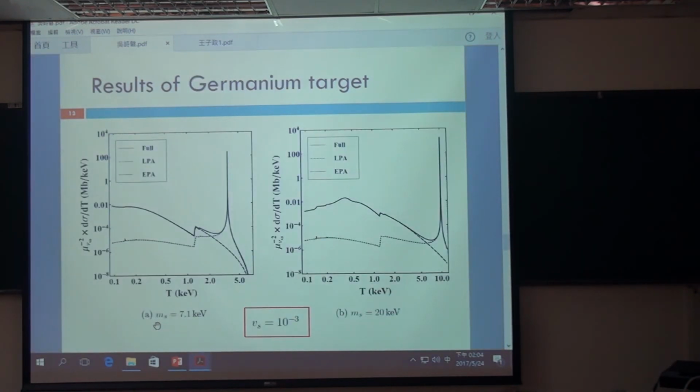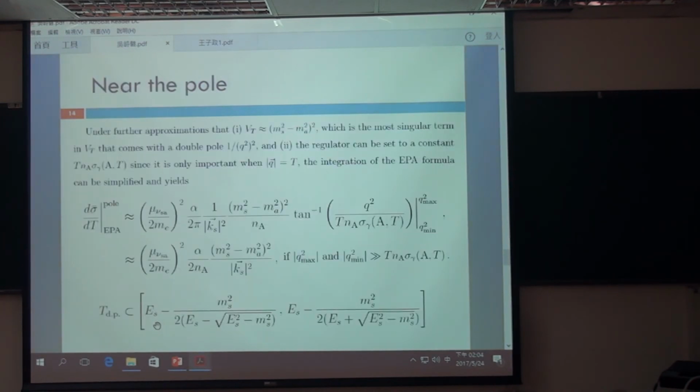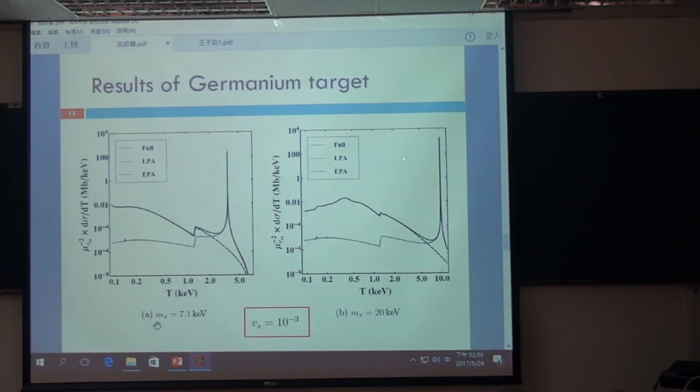Also, we have some results with germanium. The result is similar, but because germanium has many orbitals, the structure of the phase space condition becomes more complicated. The most important contribution comes from this enhancement, and this enhancement is well approximated by EPA.